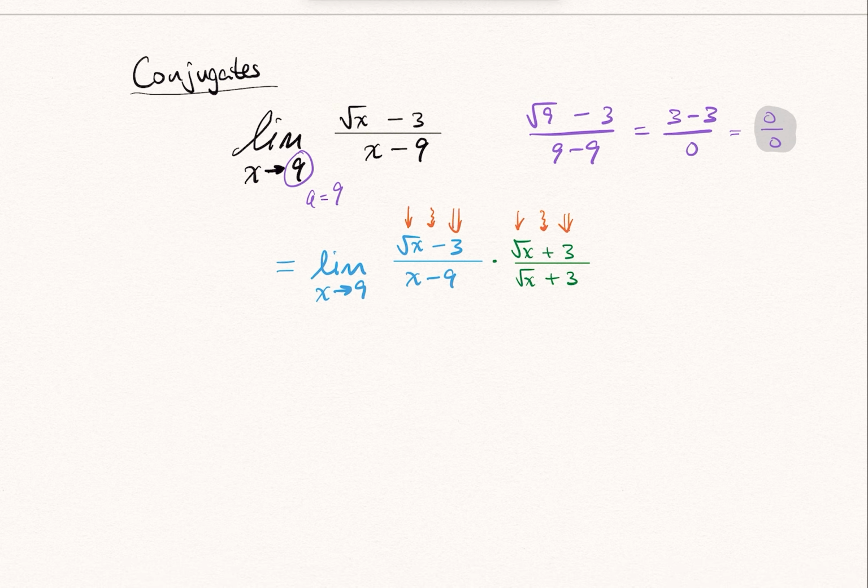We will distribute the numerators, and we will not distribute the denominators, so here distribute, and here do not distribute.